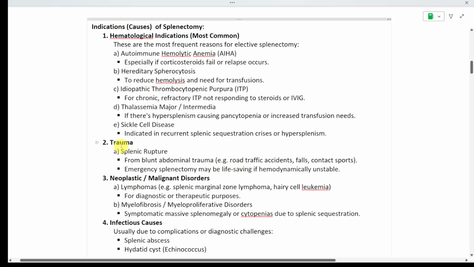Along with that, it can be due to trauma, but usually they don't present cases that have a traumatic splenectomy. But just bear in mind that if the patient has trauma, then he or she might also have had a splenectomy due to traumatic splenic rupture, and in those cases usually the scar you will see is the laparotomy scar, rather than the elective splenectomy, which usually has the subcostal scar, which we will discuss shortly.